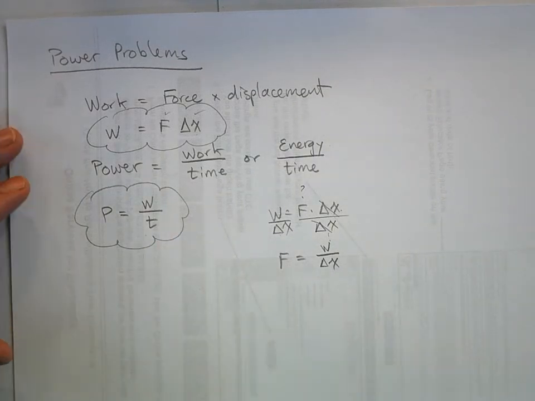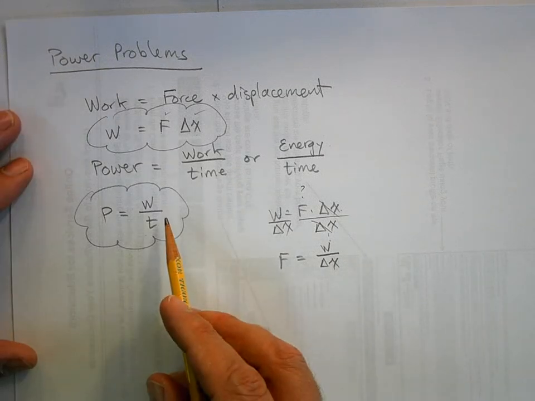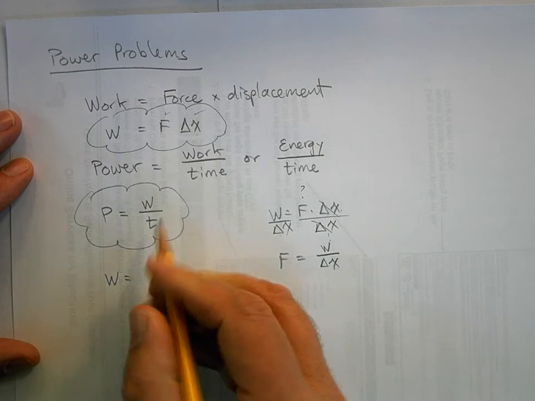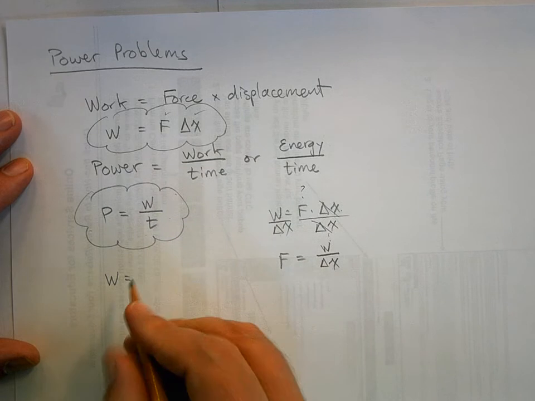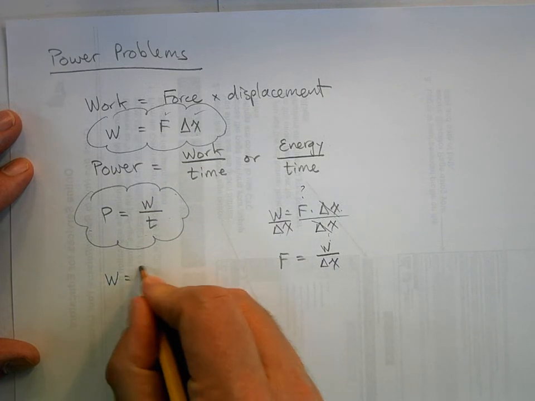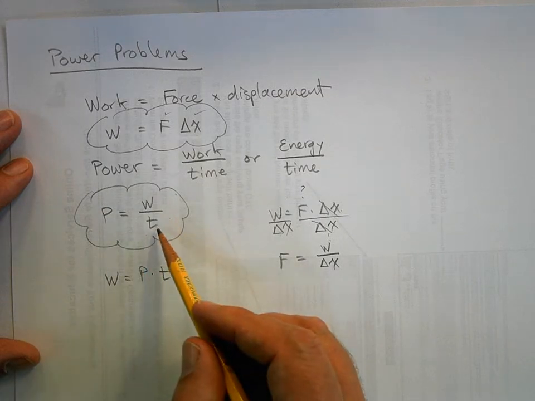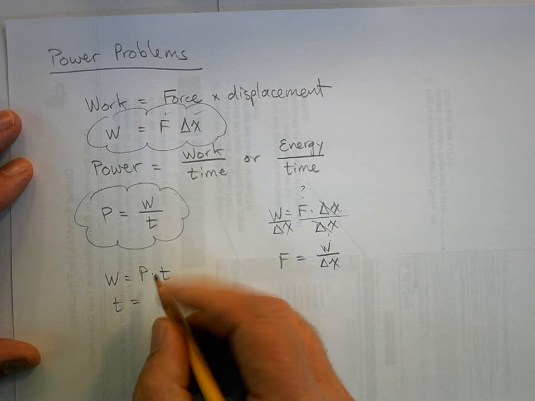Now in this case, what if I wanted to solve for the work done or the energy used? I would just multiply both sides of this by time, and the time would cancel out, and work equals power times time. And then what if I wanted to solve for time?